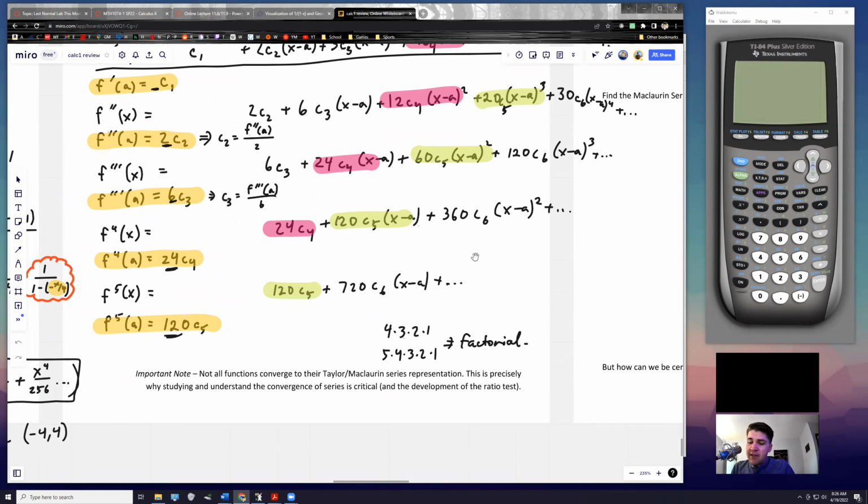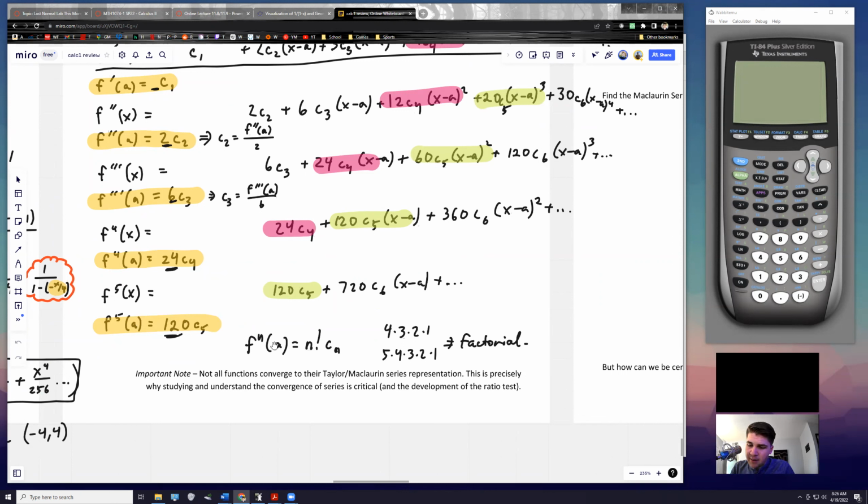So anyways, let me try to write this formula in a more concise fashion. If we want to know the general nth derivative of a function evaluated at a, what we'd have is that the nth derivative evaluated at a must be n factorial times cn.